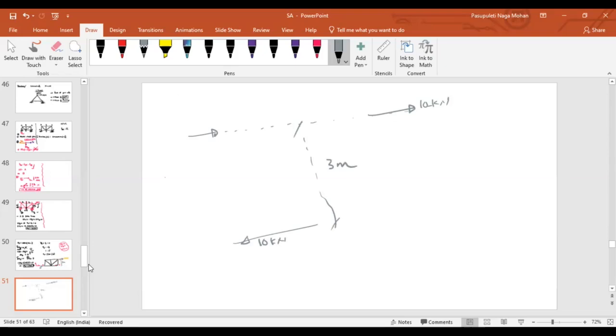3 meters. That means these two will act like a couple. Because of this 10 kilonewton and the resisting force of 10 kilonewton, they are trying to generate a moment of how much? 30, 10 into 3, isn't it? Along which direction? Clockwise.